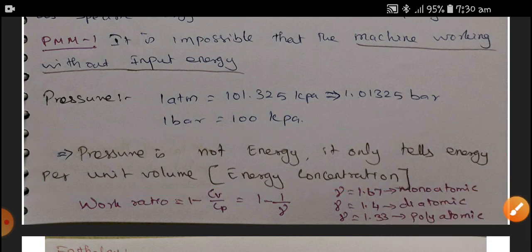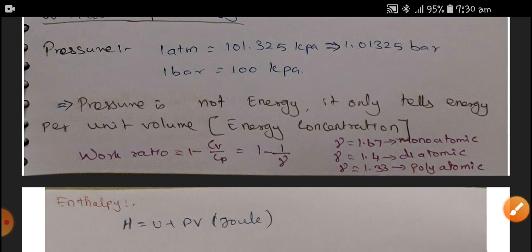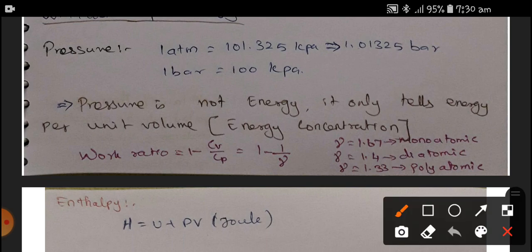We know that work ratio is equal to 1 minus Cp by Cv, that is, work ratio Wr is equal to 1 minus 1 divided by gamma. For gamma, monoatomic gases have the maximum value, that is 1.67. For diatomic gases it is 1.4, and for polyatomic gases the gamma value is 1.3.